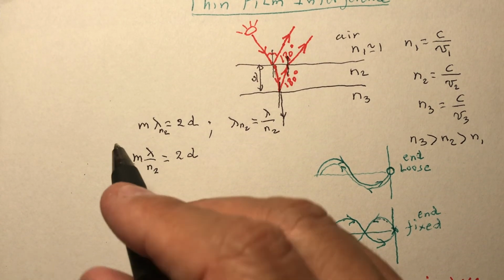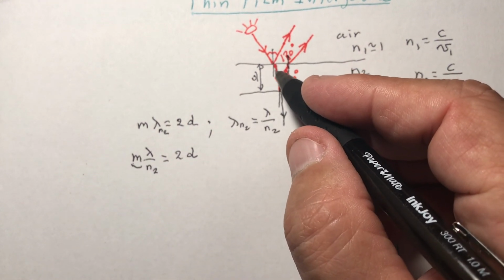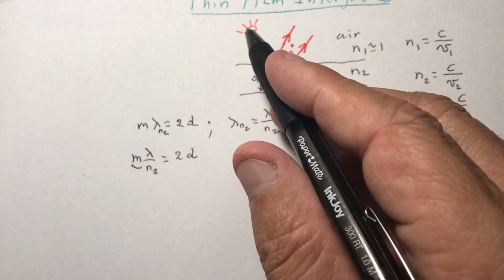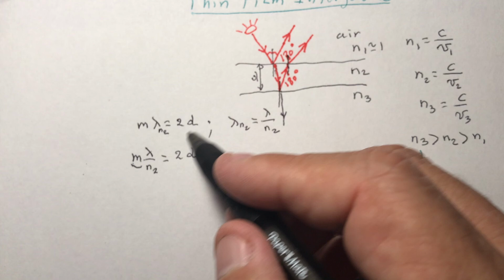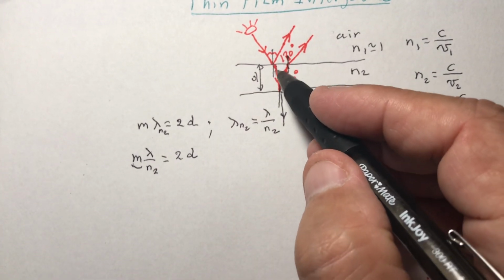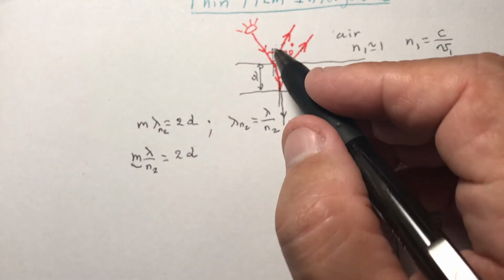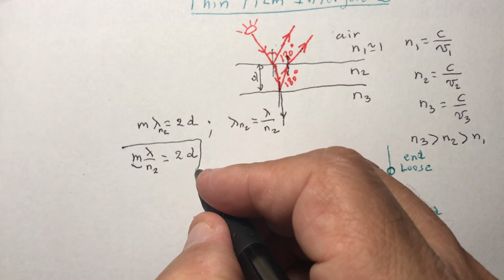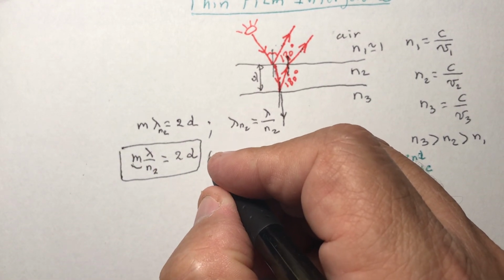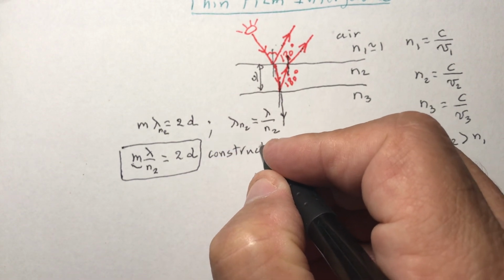This m is the number of waves here. You count them, 1, 2, 3, the number of waves. Lambda is the original wavelength, but then we have to divide by n2 because it got inside here, is equal to this 2d. So because these two are in phase, this equation is made for constructive interference of light. Construction. Okay.